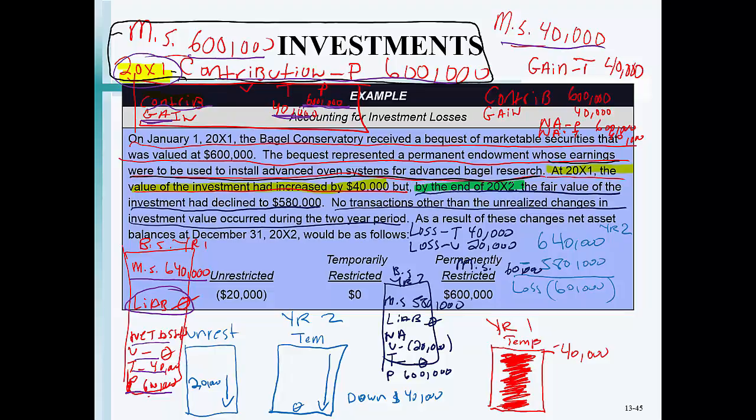And we say by 20x2, the fair value of the investment had declined to 580,000. So what happened? Year 1, we came up to 640, didn't we? But by year 2, it dropped down to 580,000. So we have how much of a loss? We have a $60,000 loss here, don't we?